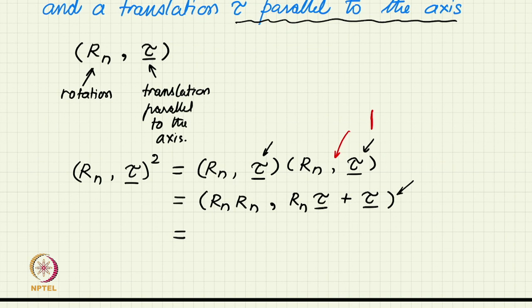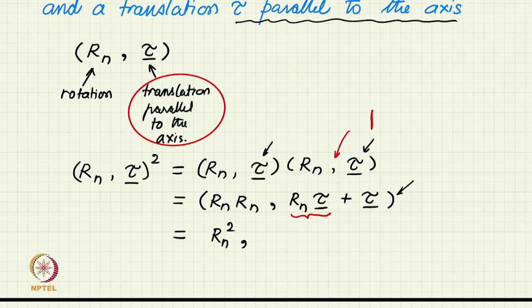And so, continuing with this product, this becomes Rn square. Notice what is tau. So, tau is a translation parallel to the axis. What will this product Rn tau be? Rn is a rotation and tau is a translation parallel to the axis.